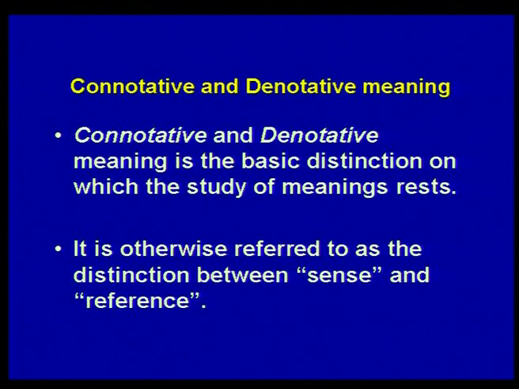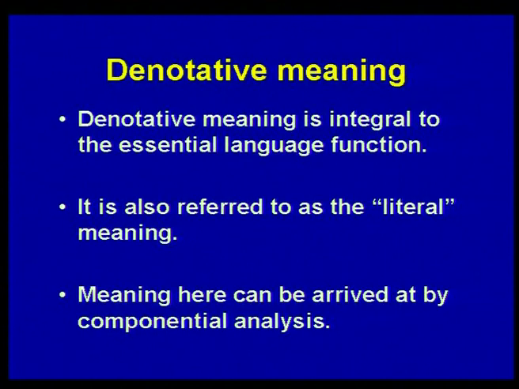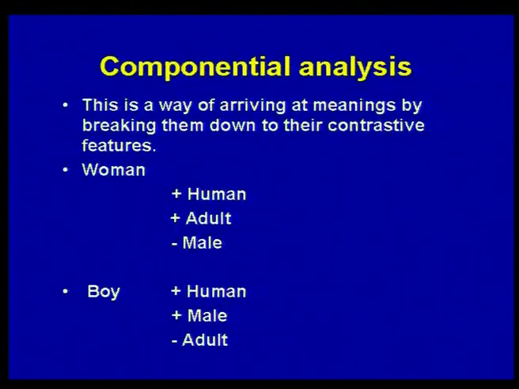Denotative meaning, on the other hand, can talk in terms of the extended meaning of a word or a sentence. Denotative meaning is also sometimes called the literal meaning, and meaning can be arrived at by what is called the componential analysis. Now, the componential analysis is a way of breaking up the meaning of a word into small parts and looking at it as contrastive features.